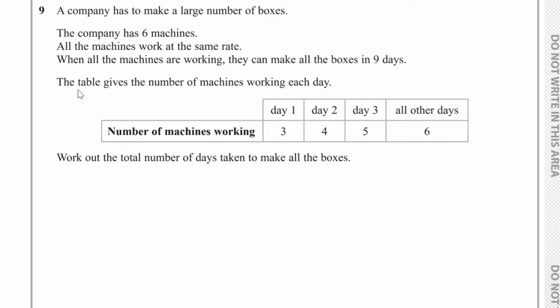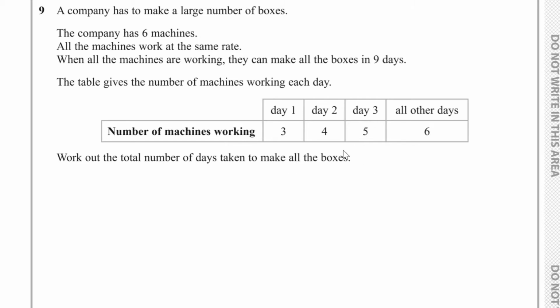And the table gives the number of machines working each day. So on the first day, there's 3 machines working. On the second day, there's 4 machines working. On the third day, there's 5 machines working. And for the other days, there's 6 machines working. We have to work out the total number of days taken to make all these boxes.